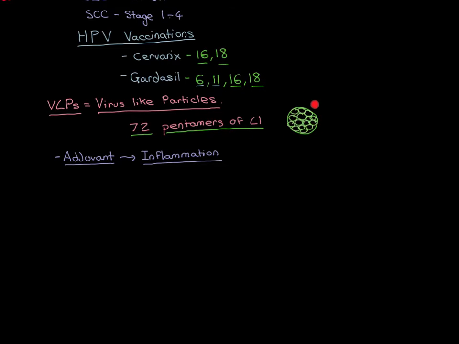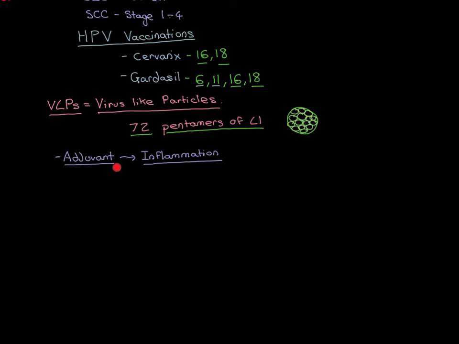Whereas if you just injected these on their own, it might be the case that you never get the inflammatory response initiated, and if you don't get an inflammatory response, then you don't get all the antigen-presenting cells coming into the area and phagocytosing the antigens, presenting them, and then moving over to present them to lymphocytes. So it is necessary to get inflammation at a site where you have injected in something that you'd like to have an adaptive immune response initiated against.